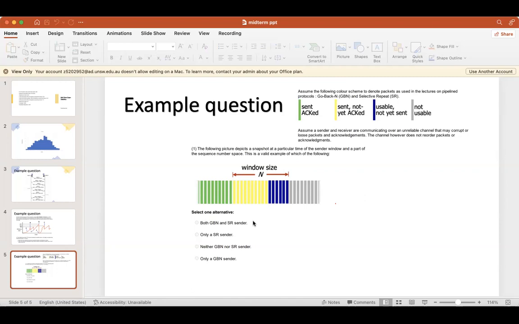Try to answer this one within 2 minutes, because in the real midterm exam, we don't have much time to answer this kind of question. And this one is the easiest one in this part. You can go to the slides and just have a quick look and then try to answer this one.